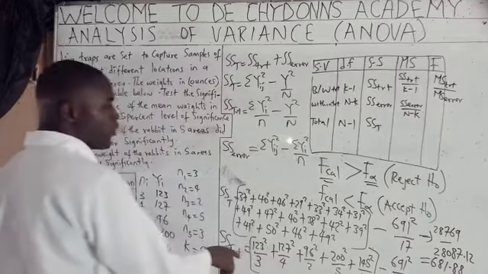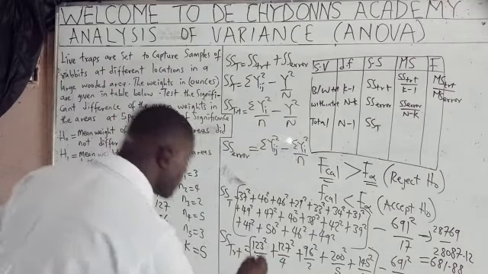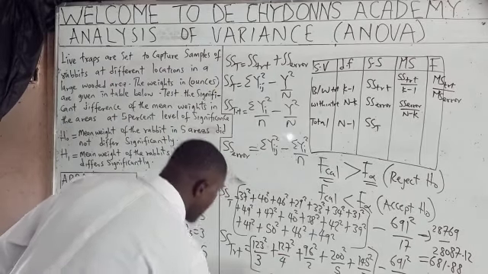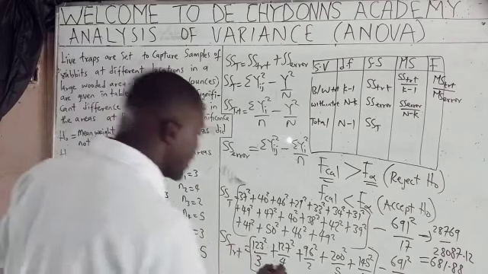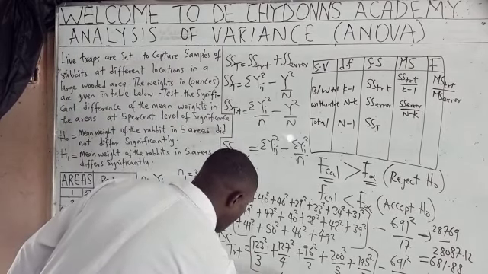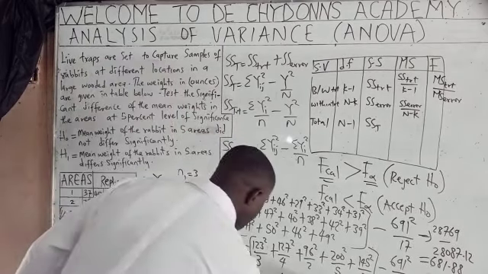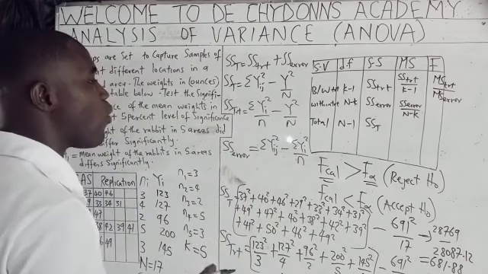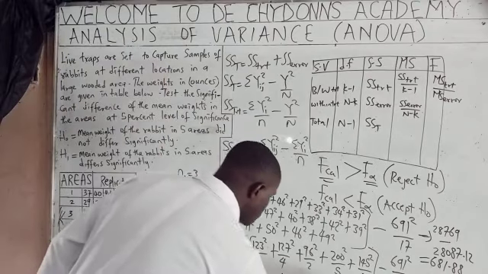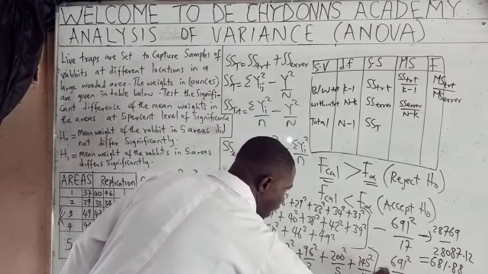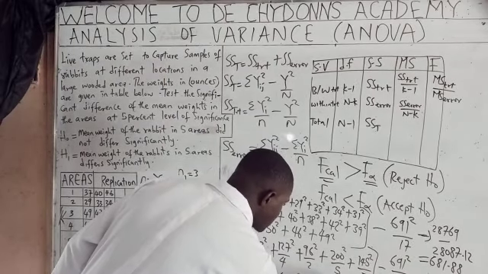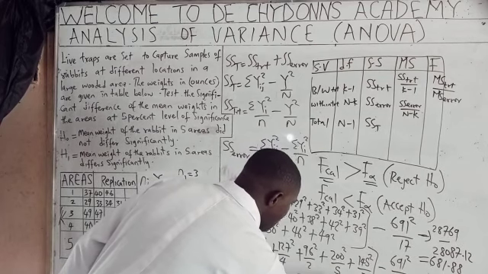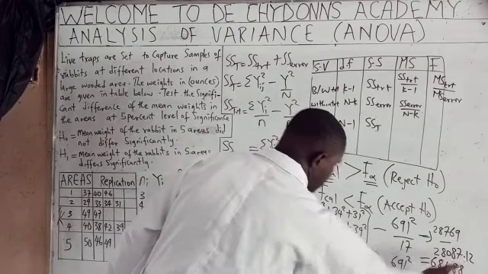Then if you compute this, this will be giving you 28691.583 minus 28087.12 as you got here.